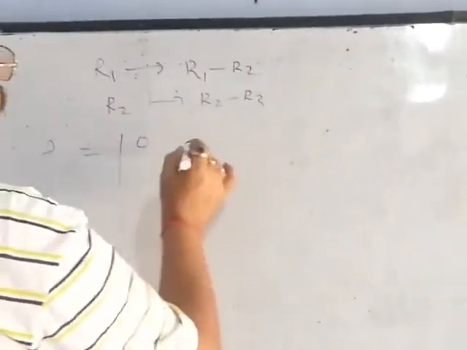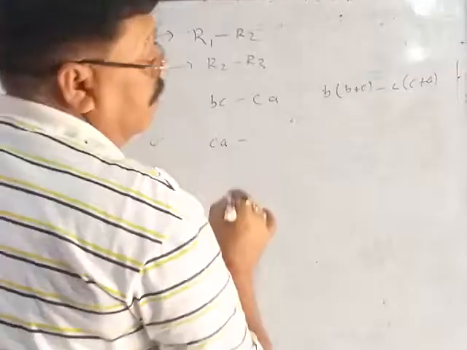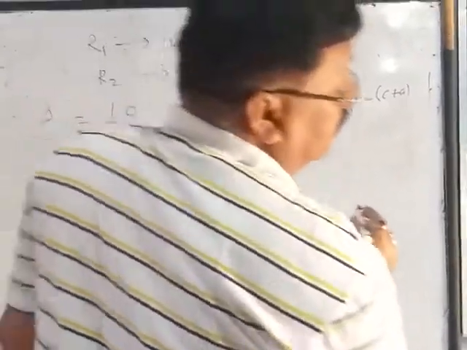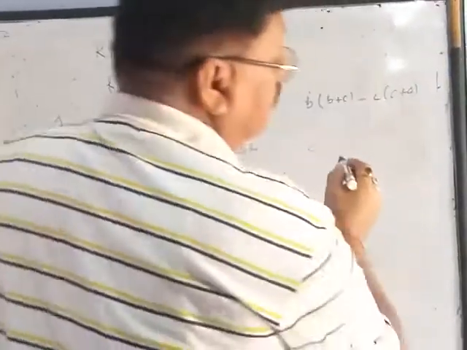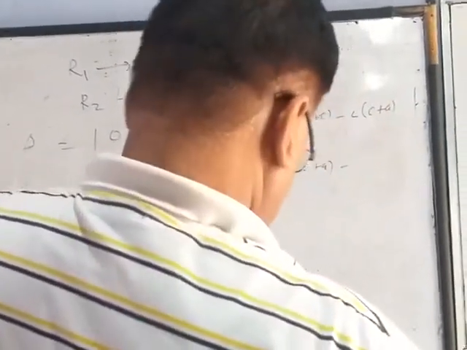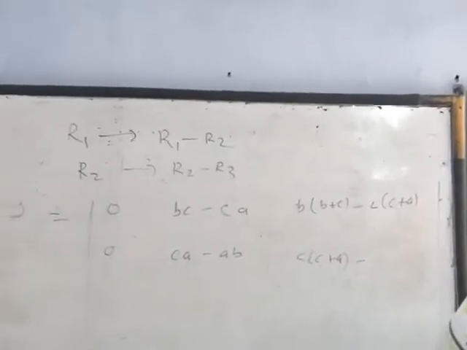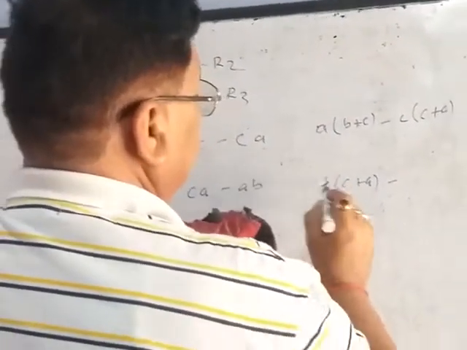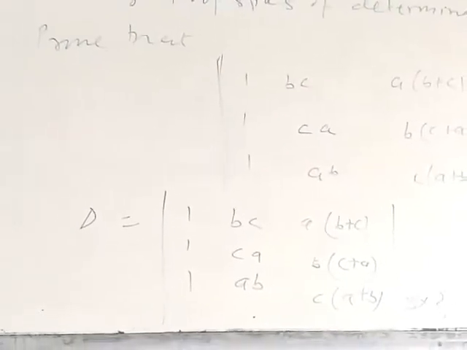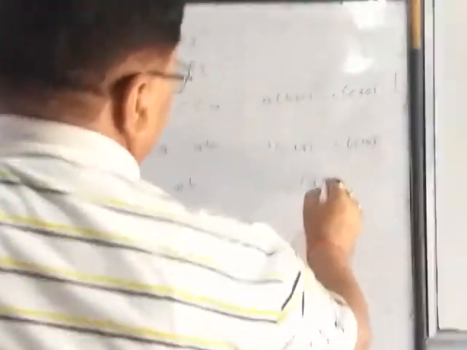1 minus 1, 0. BC minus CA and B minus AB, and C plus A minus C plus A. Then the second row: BC plus A minus C, A plus B, and no change in the third row: 1, AB and C(A plus B).